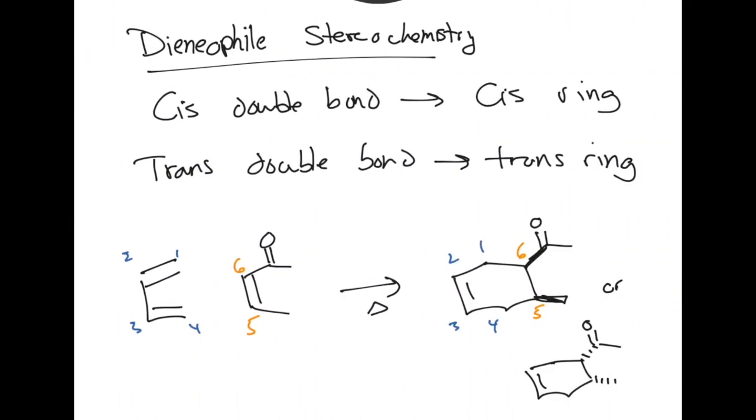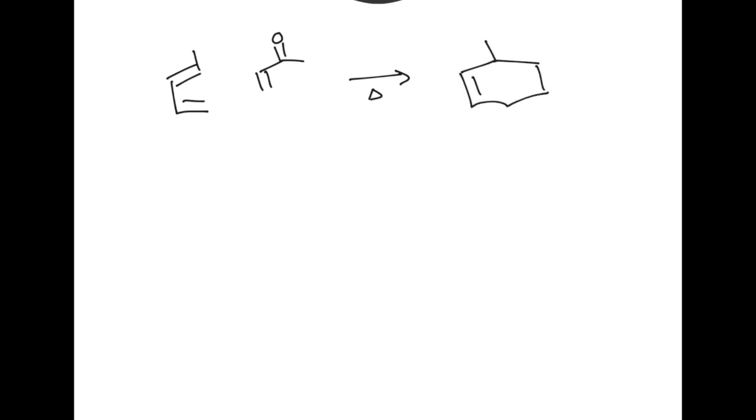But what happens if neither the diene nor the dienophile is symmetrical? So let's say we have this diene and this dienophile do a Diels-Alder reaction. They can react the way I have them drawn, right? And you end up with your methyl group on carbon 1 and your ketone on carbon 6.